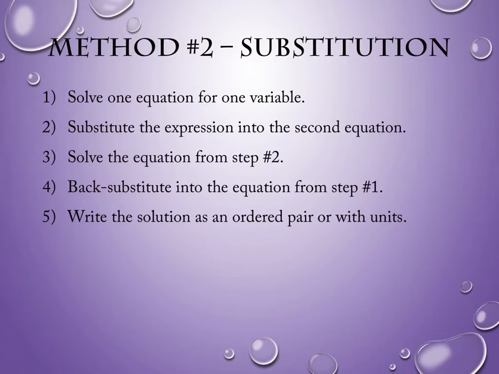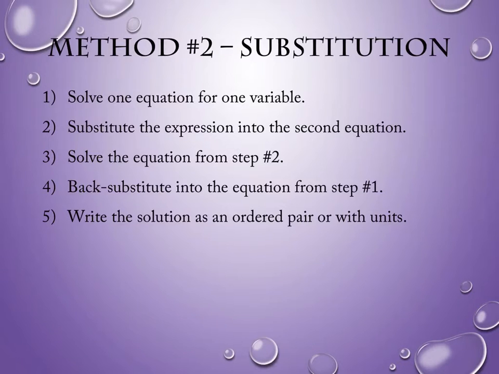All right, this is our second method. Our second and our third method both don't require it, but I choose to present them as though they're sort of step-by-step operations. So method number 2 is substitution. With substitution, what you do is you take one of the equations, your choice, and solve it for one variable, again, your choice. You substitute the expression into the second equation, and then you solve it for step 3.